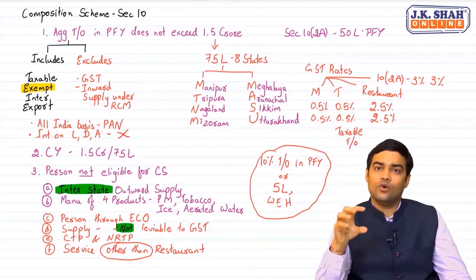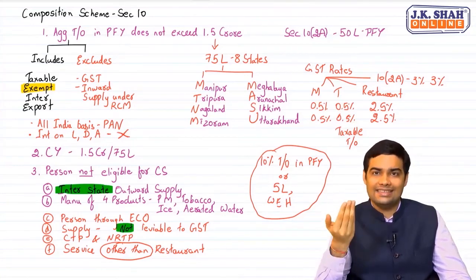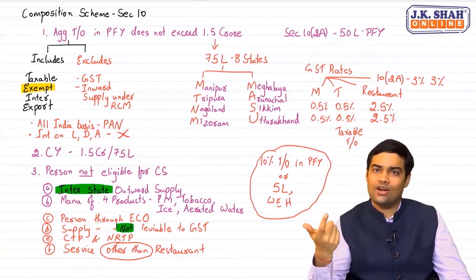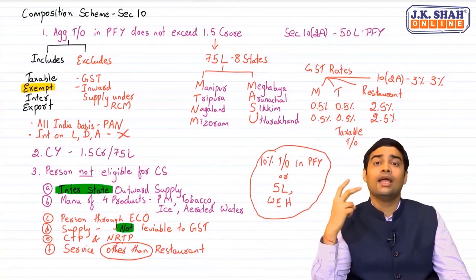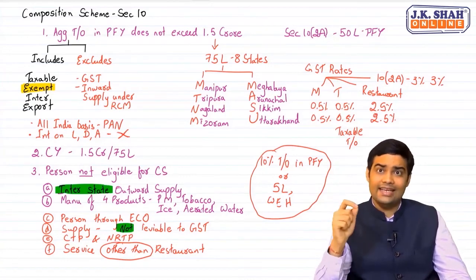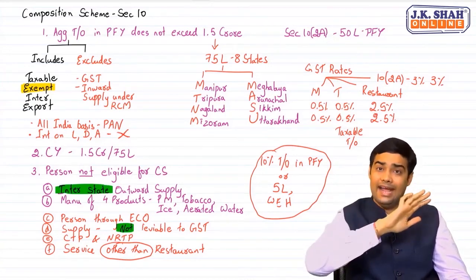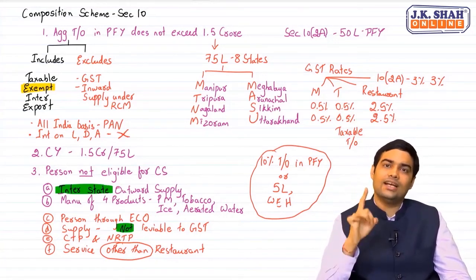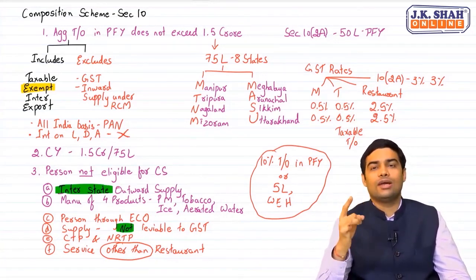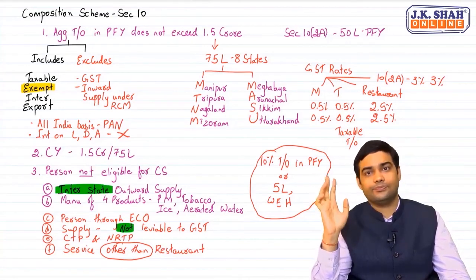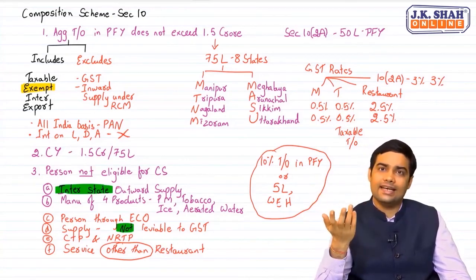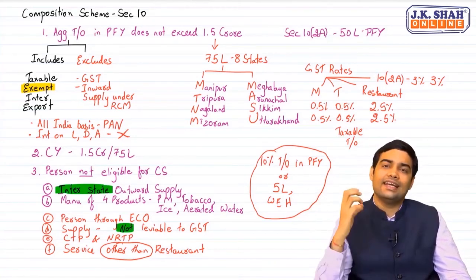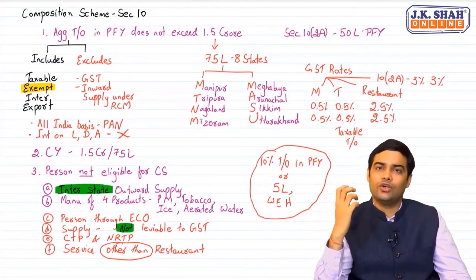When the turnover in current financial year exceeds specified limits, that is 1.5 crore, 75 lakh or 50 lakh as the case may be. Second, if any condition is violated by any branch, be very careful. Even if one branch breaks one condition, then all of them have to shift to regular scheme. Third, voluntarily. Composition to regular, a person can move voluntarily at any given point of time.